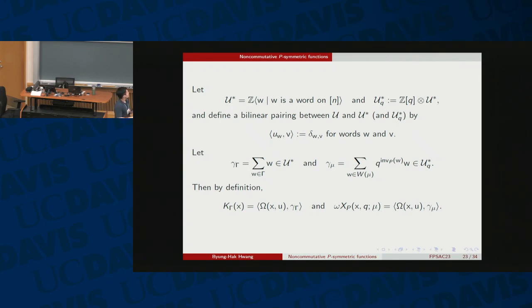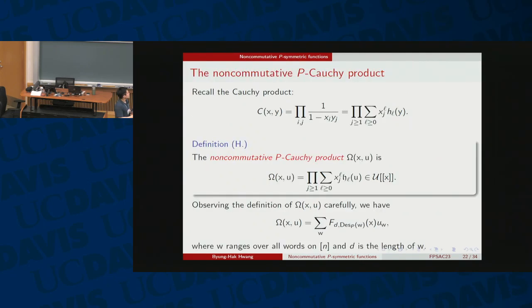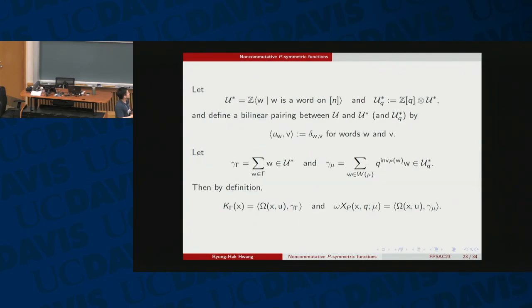Then by definition, we recall this expression and this pairing, we have that k sub gamma is equal to the pairing of omega and small gamma of gamma, and the chromatic quasisymmetric function is the pairing of omega and gamma sub mu.